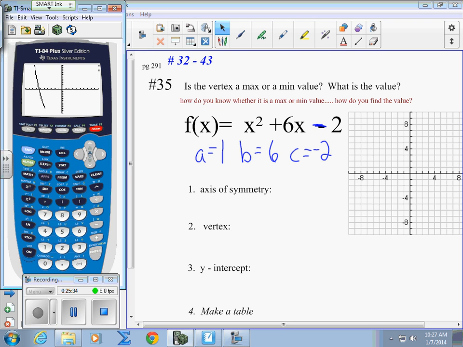When you graph it, you notice you don't get the bottom of the curve. So let's talk about how we're going to change it.